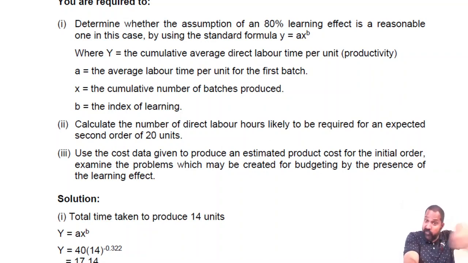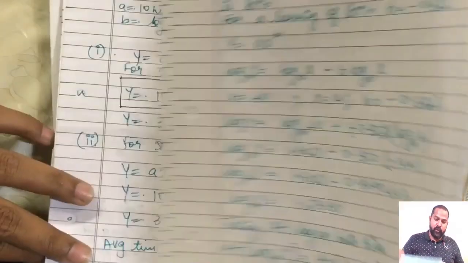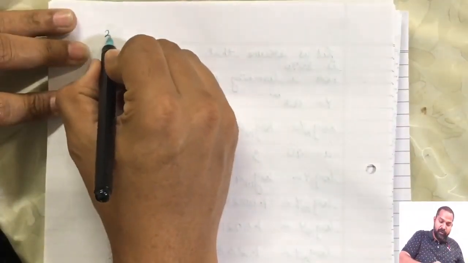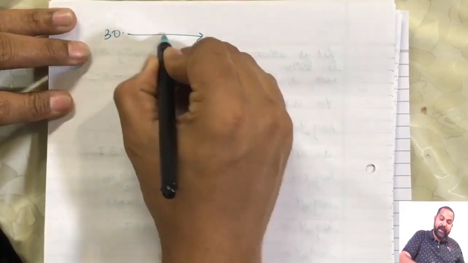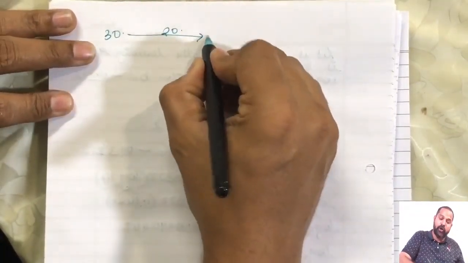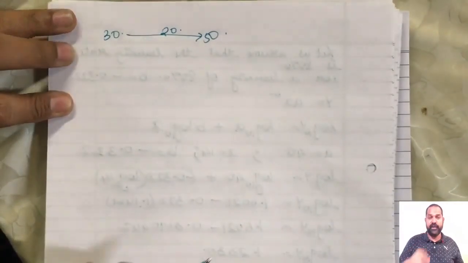So, the production will continue after the first 30 units. How will that work? I'll show you. You will produce the first 30 units and then continue to produce the next order of 20, which means 50.